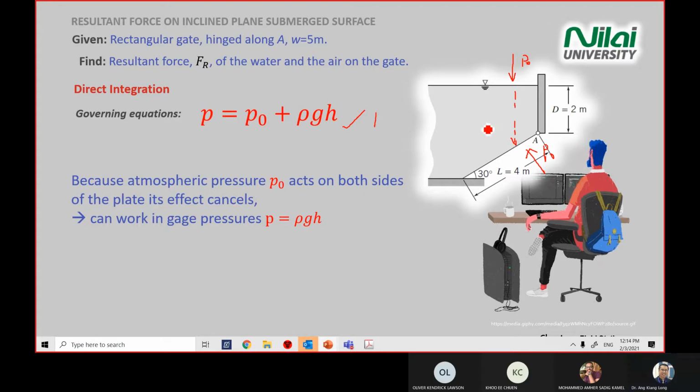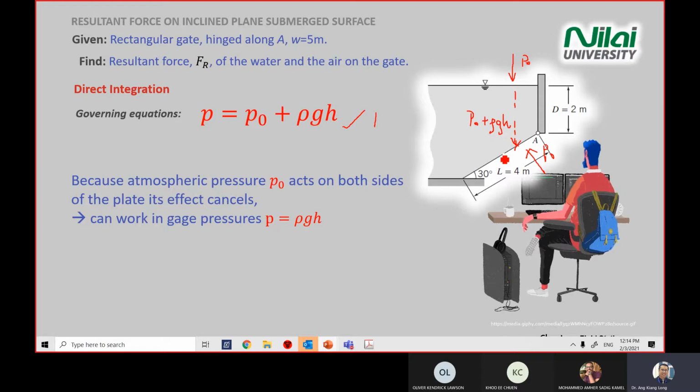Because when you apply the pressure on the top of the plate here, you'll get P0 plus rho GH. So later you can cancel these two. At the end, you only arrive at the hydrostatic pressure, which you can calculate using only rho GH.